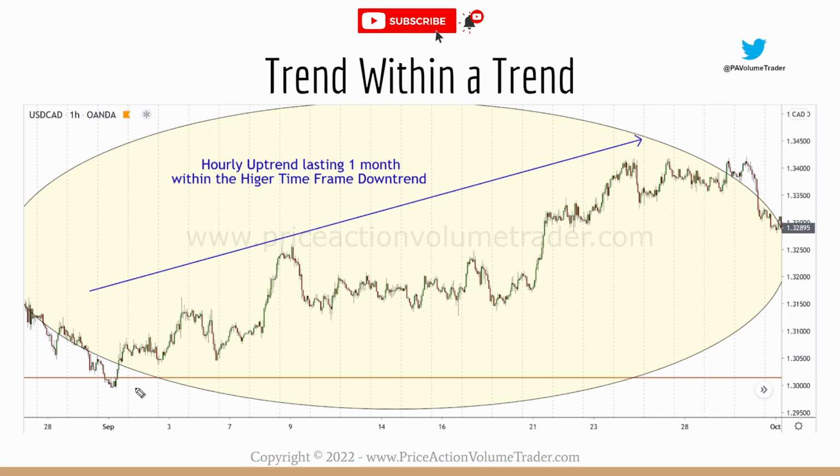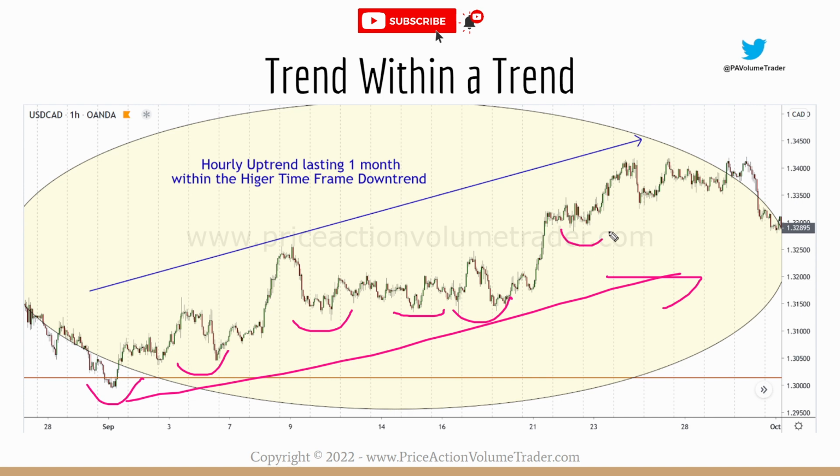And on this time frame, as you can see very clearly, we're just making higher lows. There's no reason to be shorting this market if you're day trading or swing trading, because the structure has clearly been to the upside.